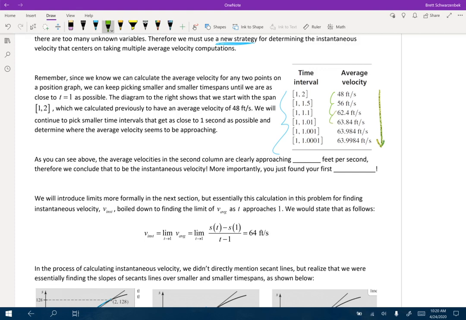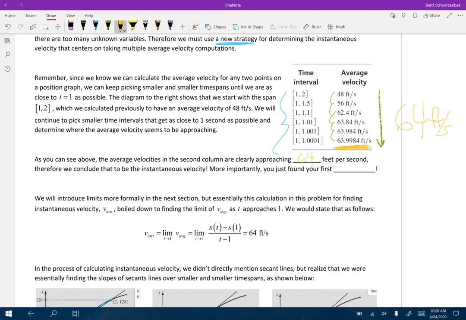Now between these two, we're barely at a tenth or so. And then look what's happening. It's shrinking. The numbers appear to be approaching a value. What value do you see that they are approaching? Hopefully you are staring at this seeing that this 9 is just going to repeat, which means this is heading towards 64 feet per second, which is our value here.